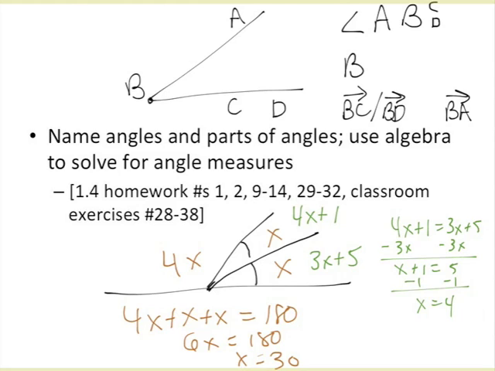And sometimes problems may be worth 2, 3, 4 points. Whereas if you show me work and I can see you set it all up right, you did most of it right, and then on the last step, oops, you said 5 minus 1 was 3, you're now going to have a very small deduction, as opposed to if all I see is the wrong answer of 3. Then you would lose all of your points because I don't know what you did wrong.